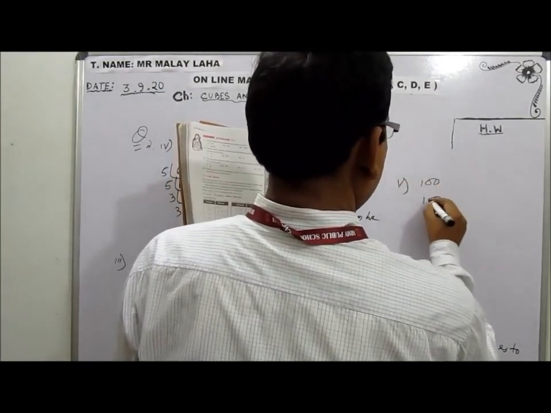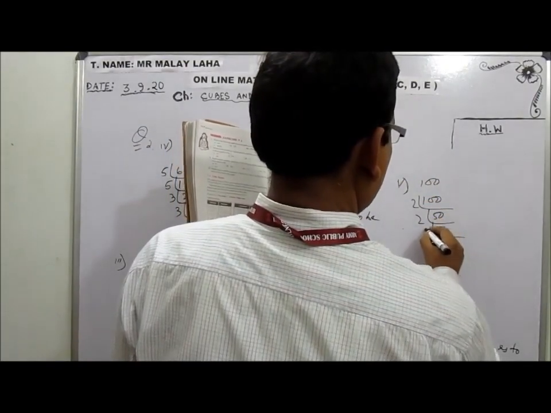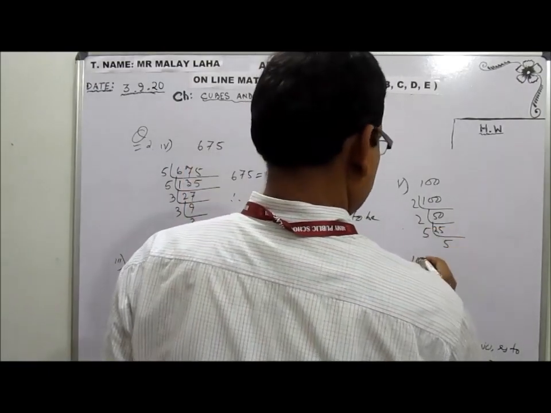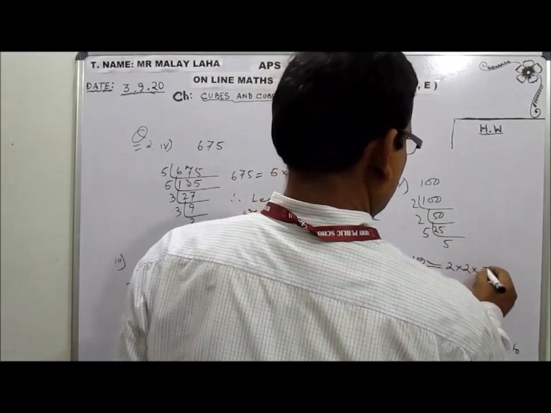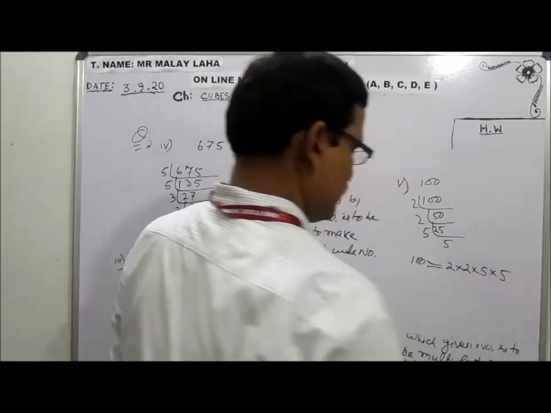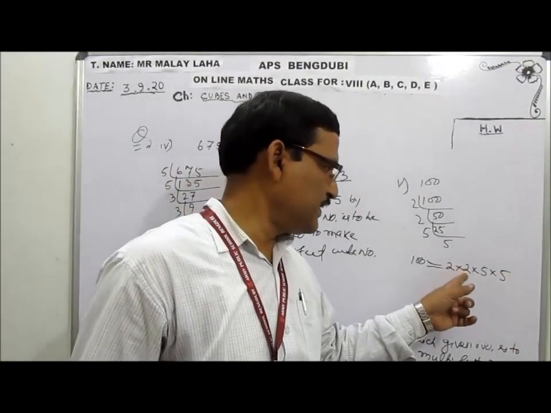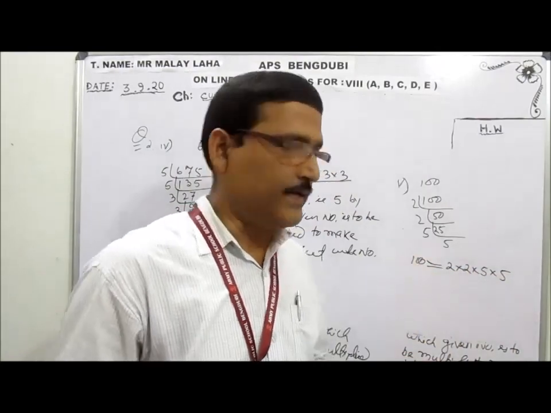So 100 breaks down to 50, to 25, 25, 5. So 100 can be written as 2 into 2, 5 into 5. You see here, to make it a perfect cube, I need one 2 and one 5. That is 2 fives are 10.